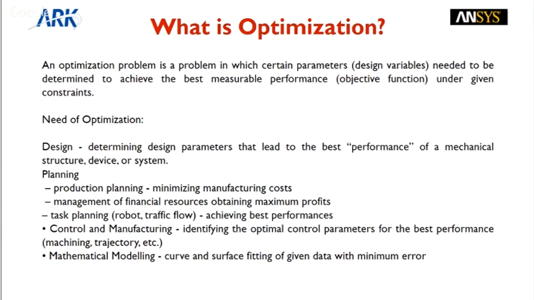So optimization is nothing but a problem in which certain parameters need to be determined to achieve the best measurable performance under a given constraint. Since I'm from a mechanical background, I can tell you the mechanical physics, but I will take simple examples. Same example we'll take of a chair that anybody can visualize.